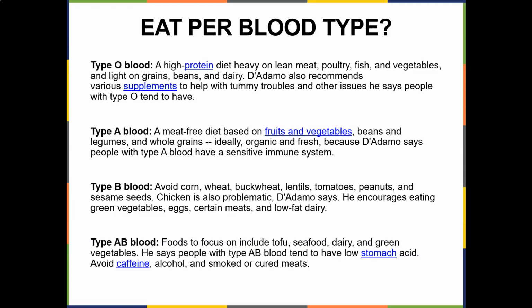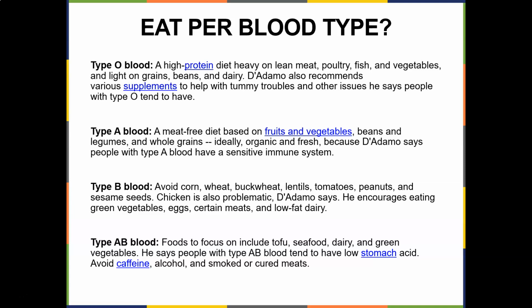D'Adamo also recommends various supplements to help with tummy troubles, as people with type O tend to have more tummy troubles. Type A blood, you should basically be vegetarian, a meat-free diet based on fruits and vegetables, beans and legumes and whole grains, ideally organic and fresh, because D'Adamo says people with type A blood have a very sensitive immune system.